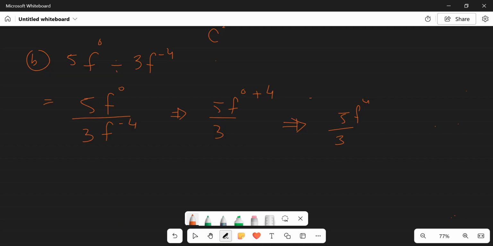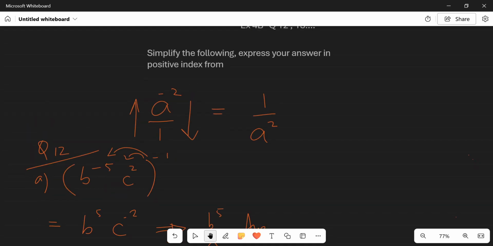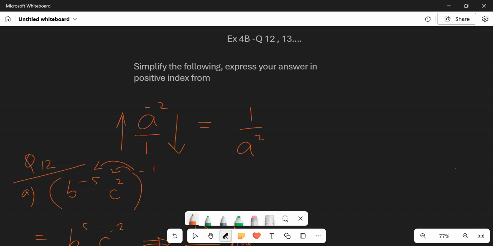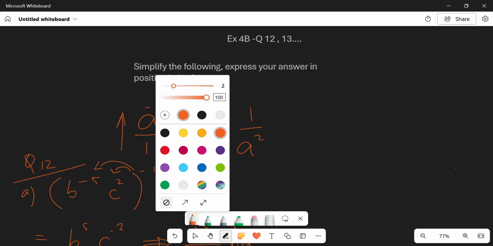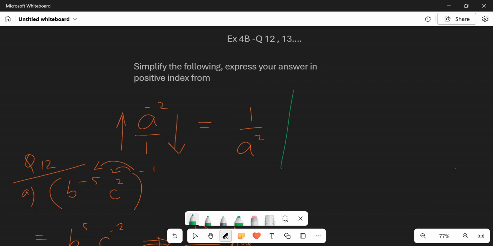Now you may be wondering why this minus 4 converts into a positive. Let's check the previous examples that I did in the beginning. See this one: if, for example, the numerator is a to the power minus 2, when I reverse this, I convert it into a positive. For another example, suppose the question is 1 over a to the power minus 2 and you need to convert this into a positive. Definitely the base will change its position.